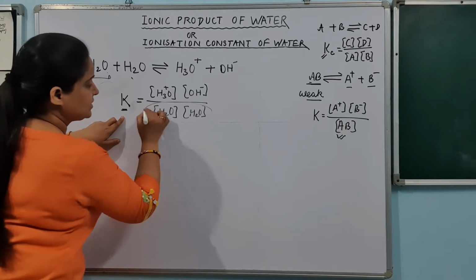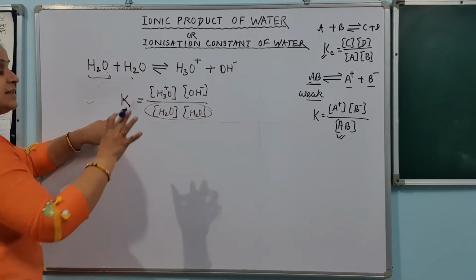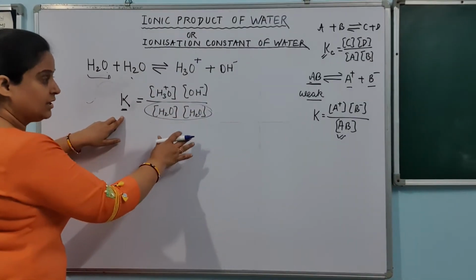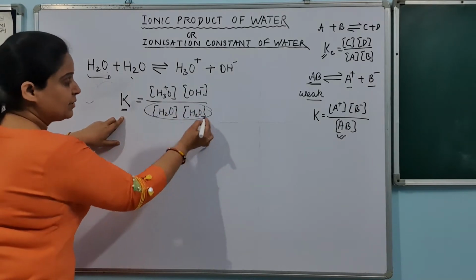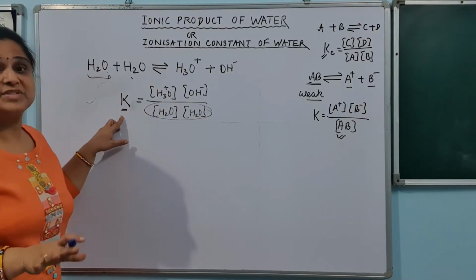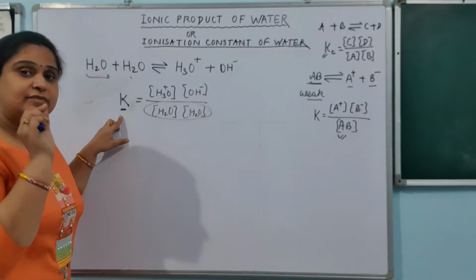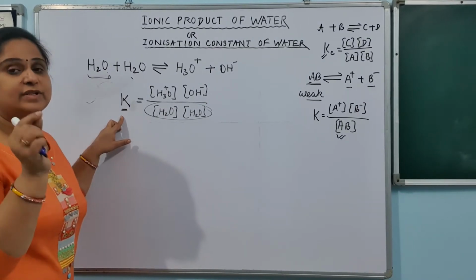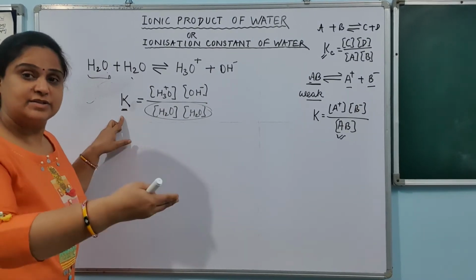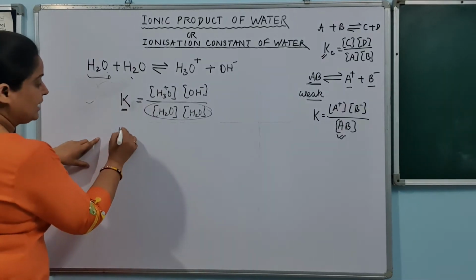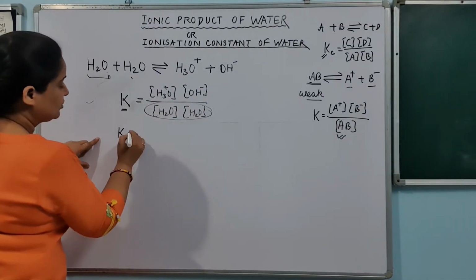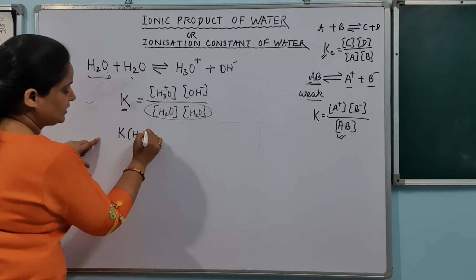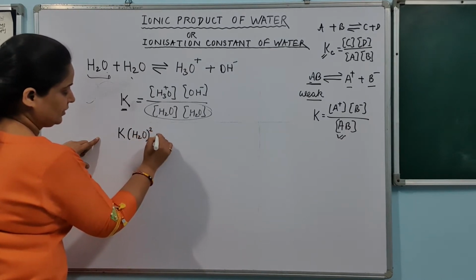And just because this is in excess, this is not going to change at all throughout the time. Its concentration will not change the whole time, because it is in excess and a very small amount of this water will be dissociated. So I can write it as H2O whole square and transfer it here, and I will take it as constant.